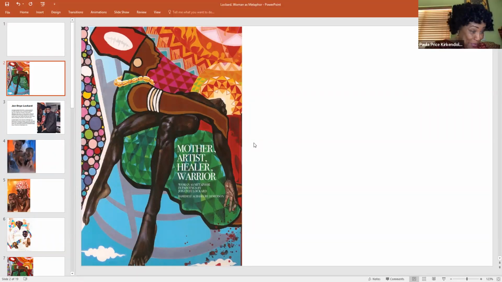It's found in the designs, for example, look at the collar of his shirt. It has an Adinkra symbol.